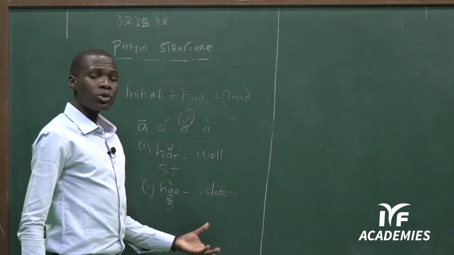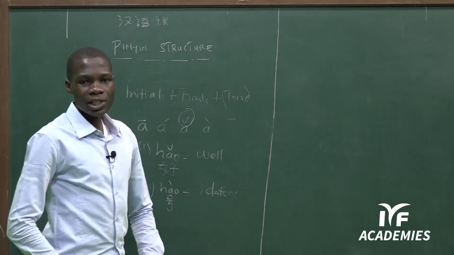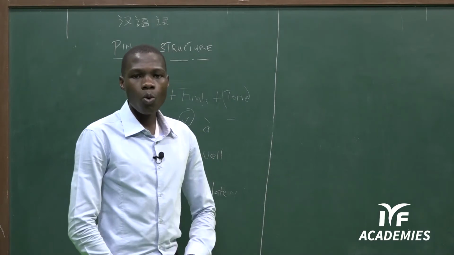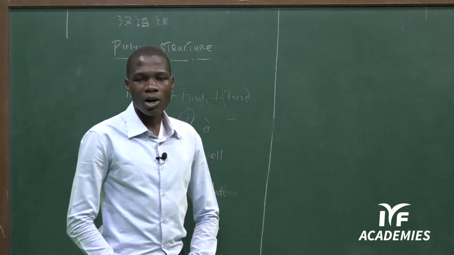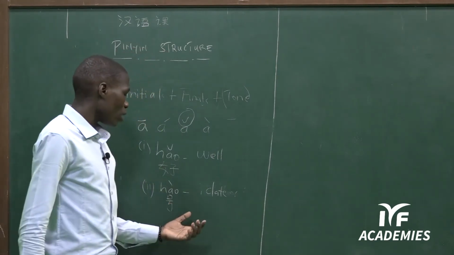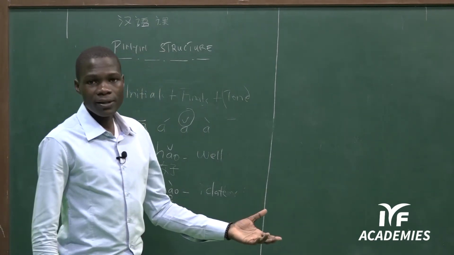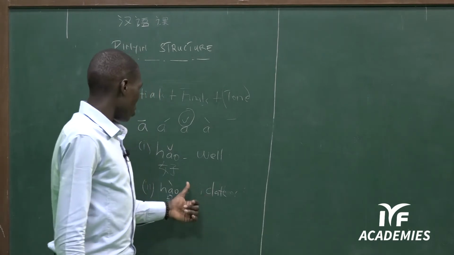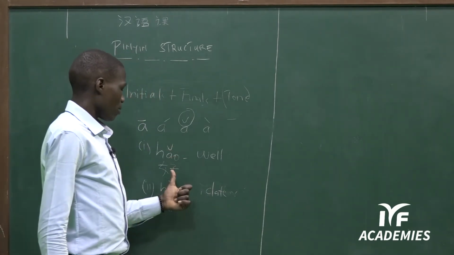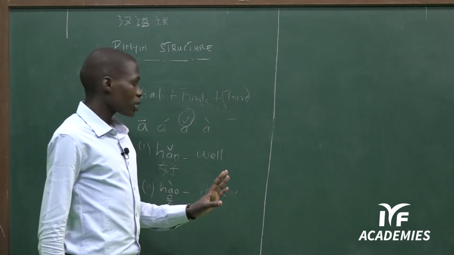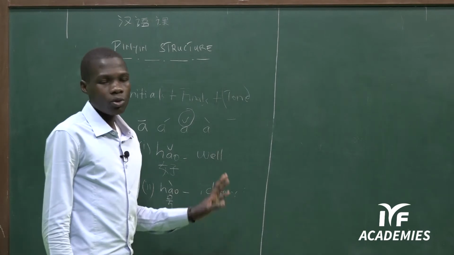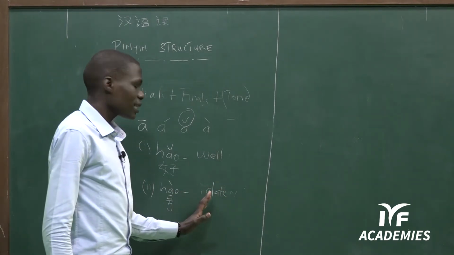When I'm talking about date, I'll say Jintian, let's say today is the 5th. Jintian shi wu hao, meaning today is the 5th. So I'm going to use hao referring to date. When we look at both of them, we find that the pinyin is the same, but difference in tone has brought about a difference in meaning. So this is the impact of tone when you are discussing Chinese words.